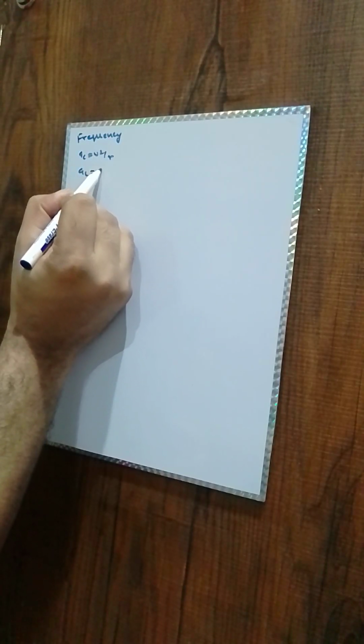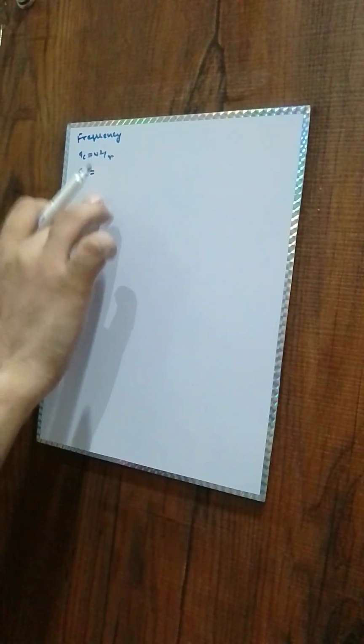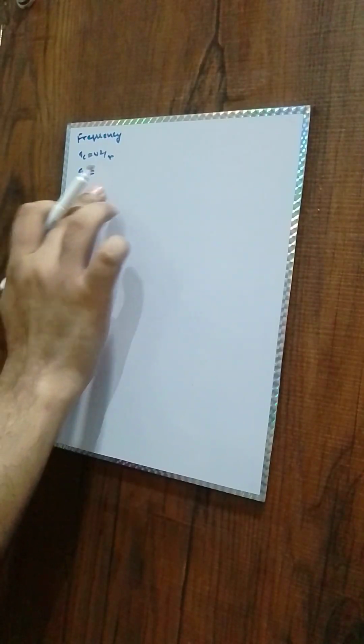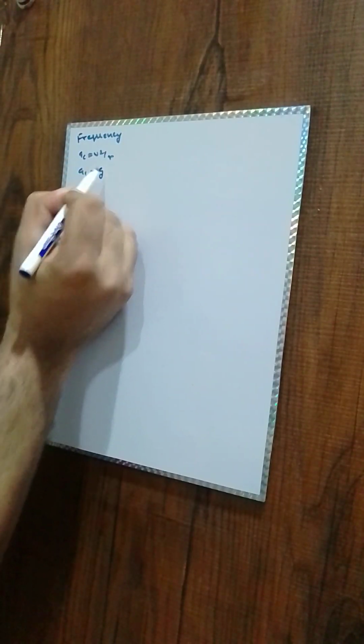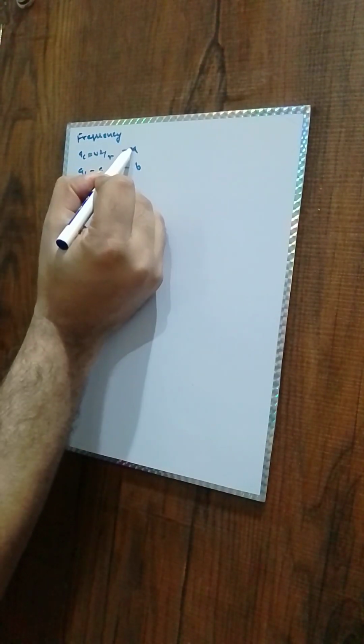Centripetal acceleration is equal to velocity square by radius, and in usual cases for satellite, this is equal to acceleration due to gravity g. We can equate the two.